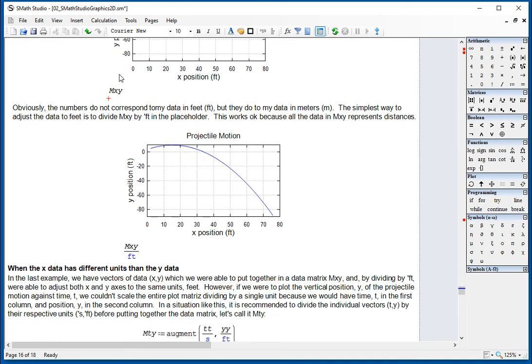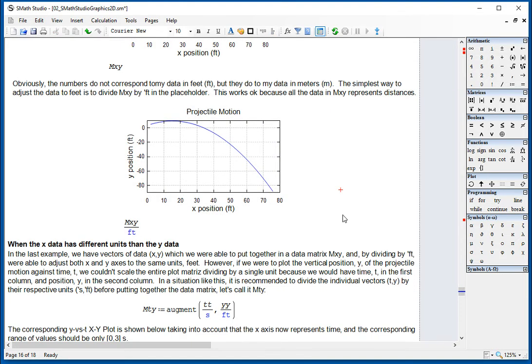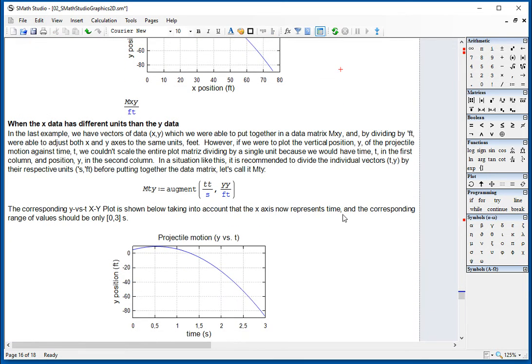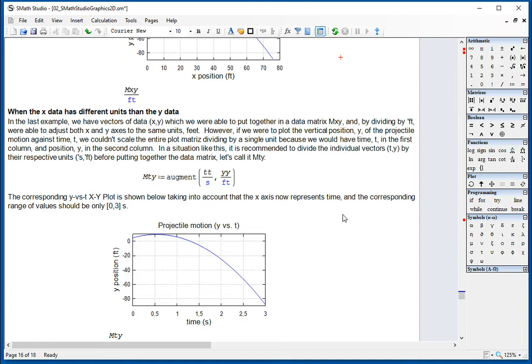And so be careful when you use data in matrices or in functions in plots. If you are plotting two different quantities in the columns of the matrix, in order to produce the right graph, you want to reduce each one of them separately by the appropriate unit, time in seconds, position in feet.